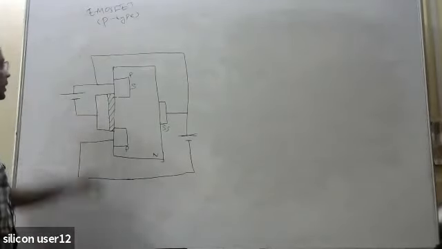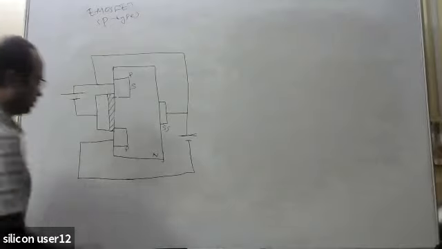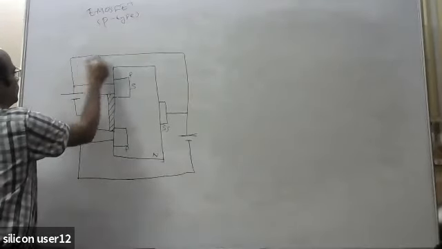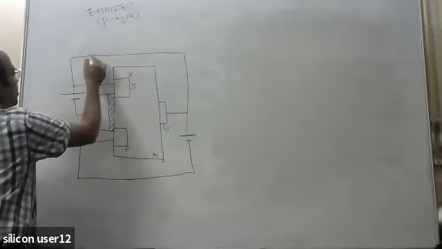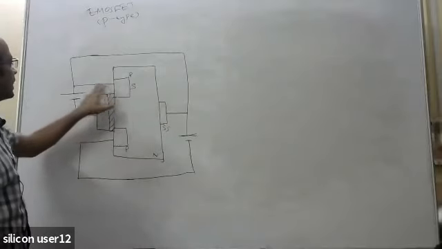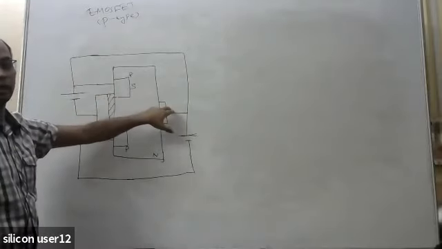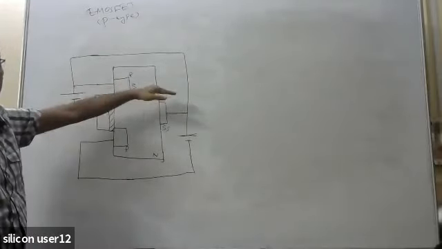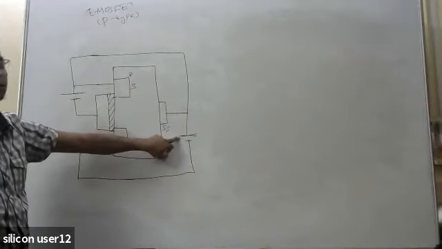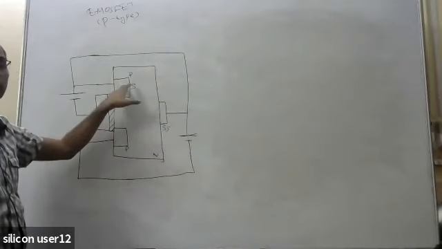The source and the body are connected. First, the source and body are connected, and they are at a higher potential because the positive side of the battery is connected to this body as well as to this source.